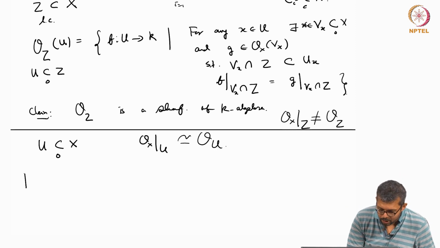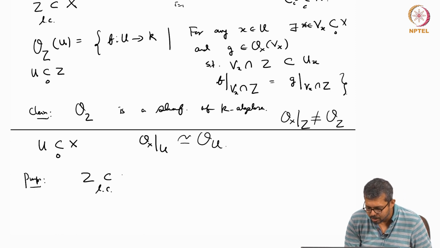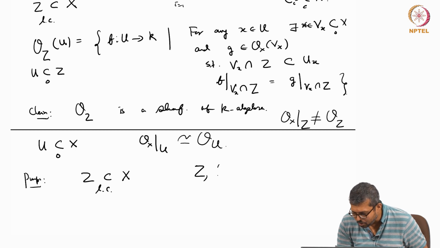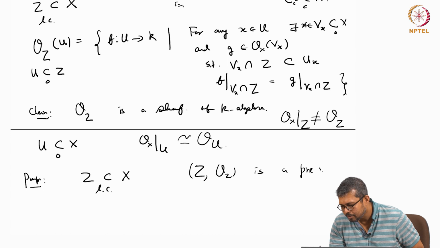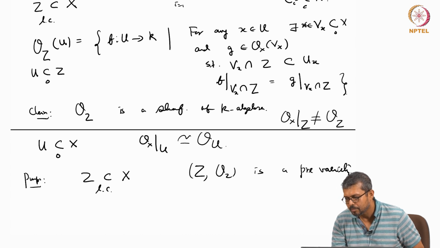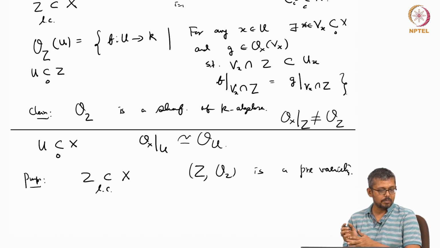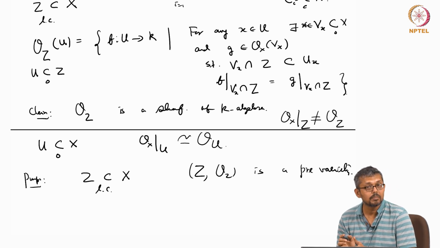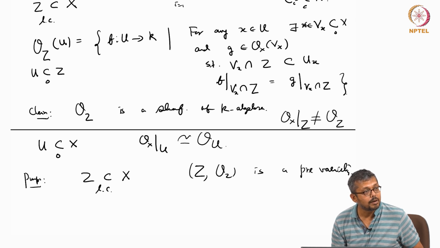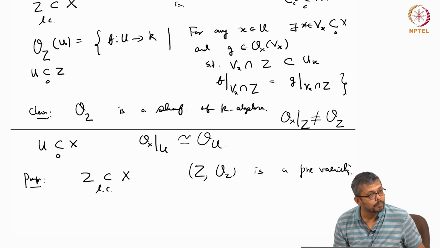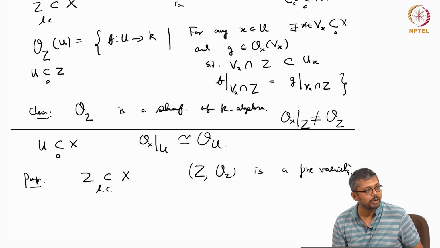But the important point is that if Z is a locally closed subset of X, then (Z, O_Z) is a pre-variety. Yes, you take Z to be a point.